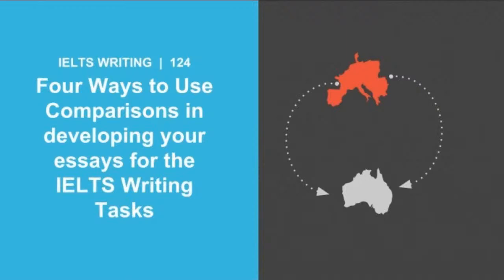Okay, so if we were doing IELTS Academic Task 1, we could easily use this sentence and we could say, compared with 1999, sales in 2007 were almost triple that of previous years and actually reached a company record.